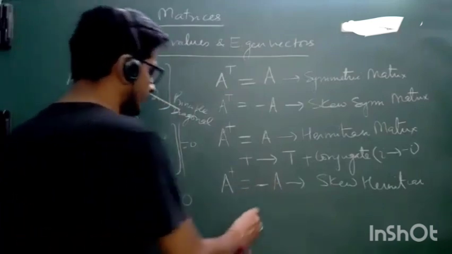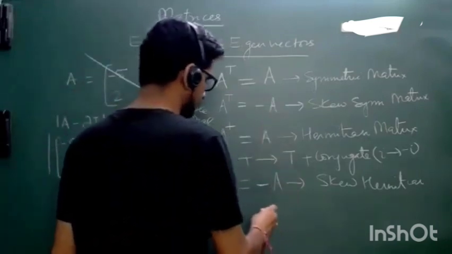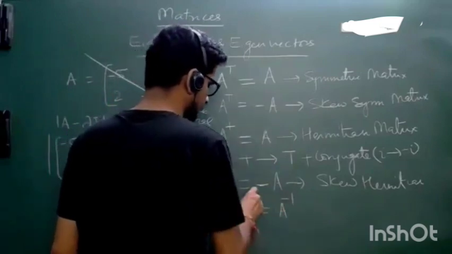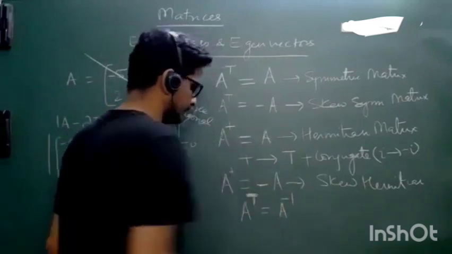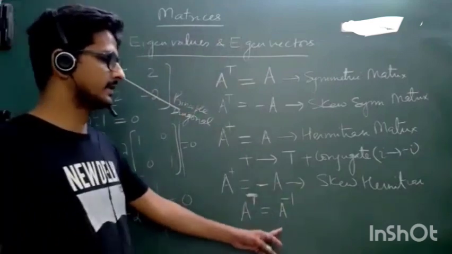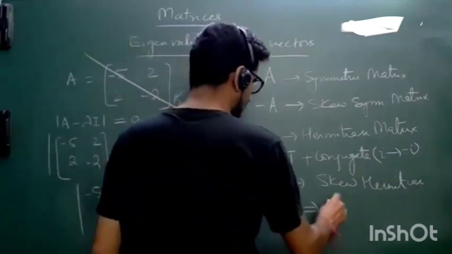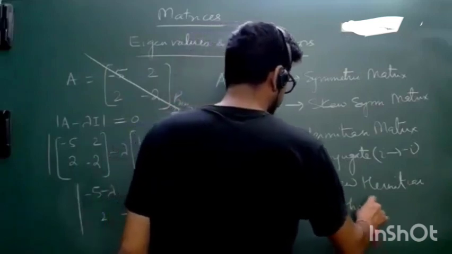Now, for a real matrix, if A transpose becomes equal to A inverse, then the matrix is known as orthogonal.